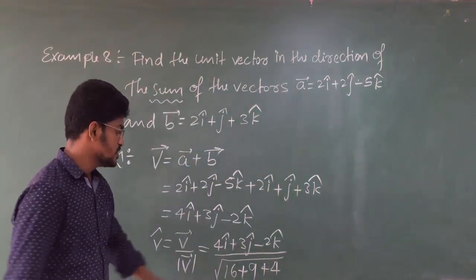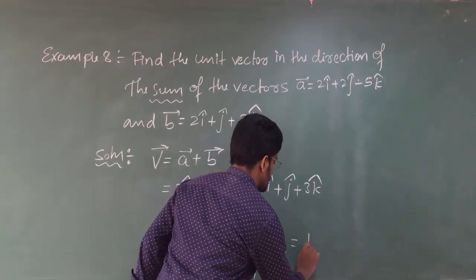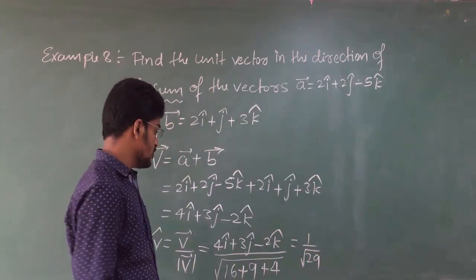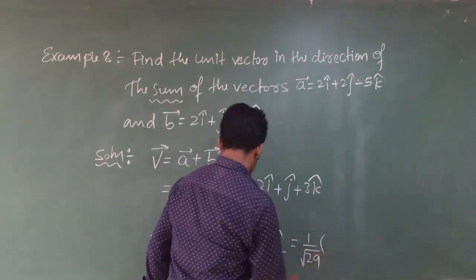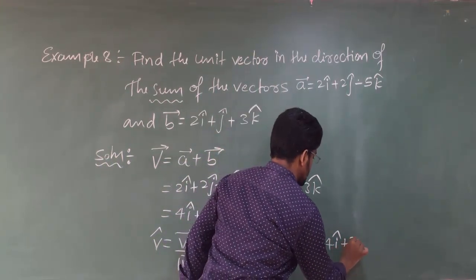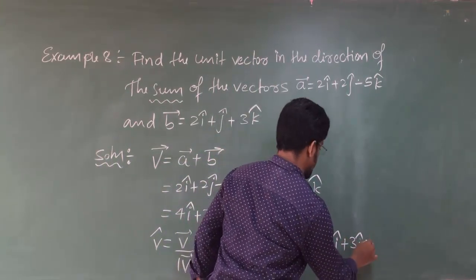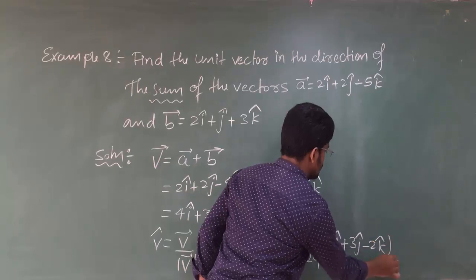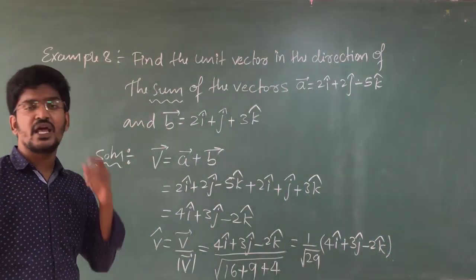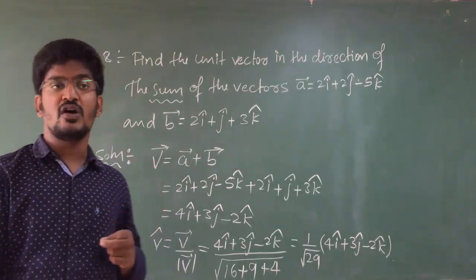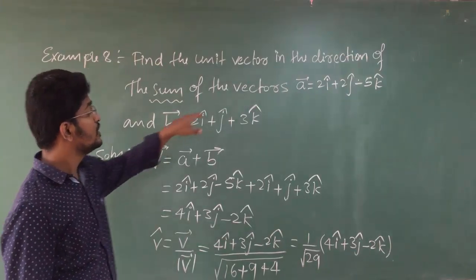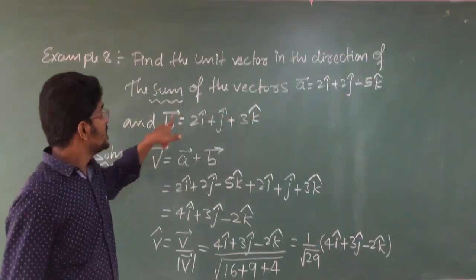Clear? So if you simplify this, it is going to be 1 by root 29 multiplied with (4i cap plus 3j cap minus 2k cap). Clear? So this is your required vector V cap, because they are asking for the unit vector in the direction of the sum of vector A and vector B.